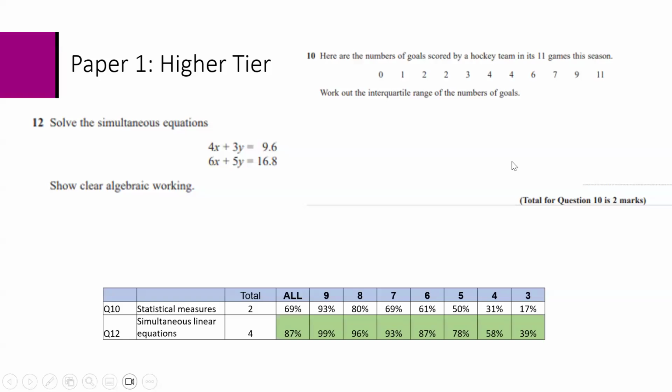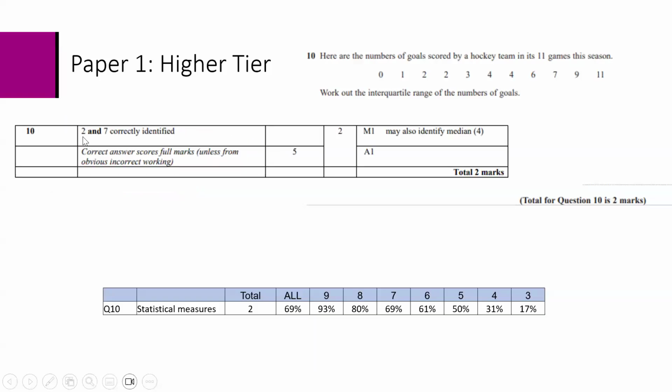I'm going to flip over to show you the mark scheme. So I'm going to remove this question 12. So here's the mark scheme, 2 and 7 identified correctly, and then 1 mark for working out the interquartile range. And the examiners say that they're perfectly aware that there are different methods for calculating quartiles. If you ever use the statistical package R, I think there's something like 11 methods of calculating quartiles. The 2 main methods that we see at this level are using n/4 and (n+1)/4.